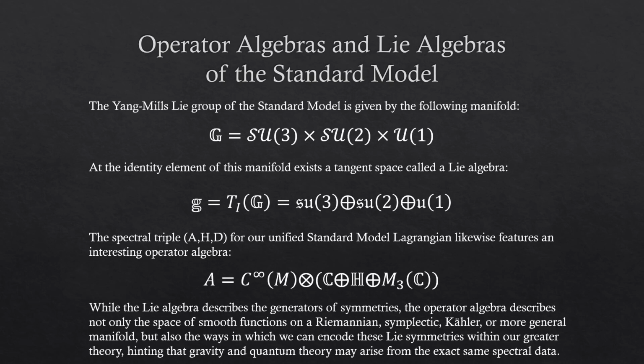While the Lie algebra describes the generators of symmetries, as you may know if you've gotten this far into math, the operator algebra describes not only the space of smooth functions on a Riemannian, symplectic, or otherwise more general manifold that we're interested in. It could be Lorentzian, for example. But it also describes the ways in which we can encode Lie symmetries within our greater theory, hinting that gravity and quantum theory may arise from the exact same spectral data.